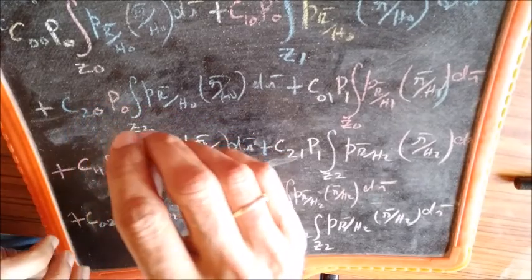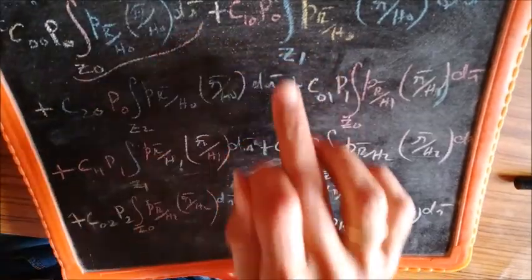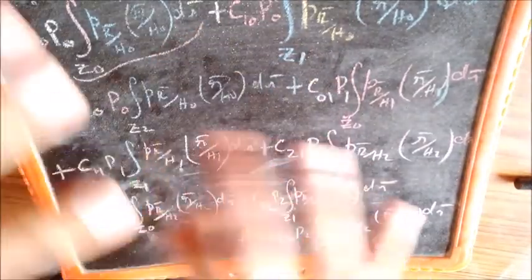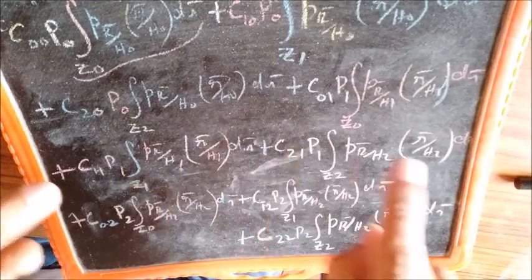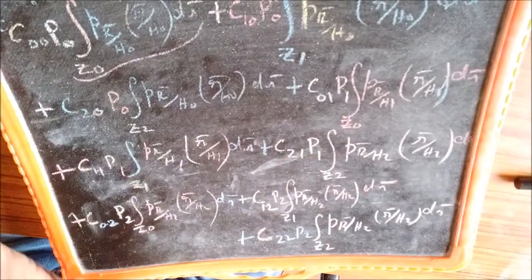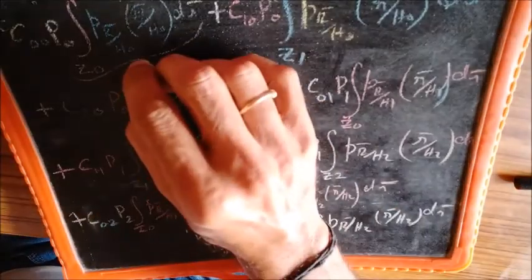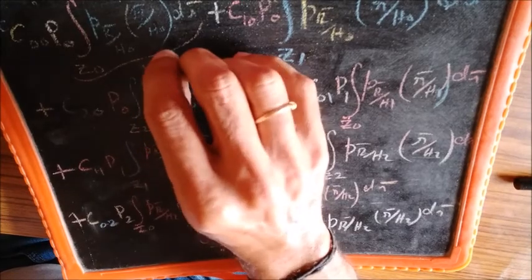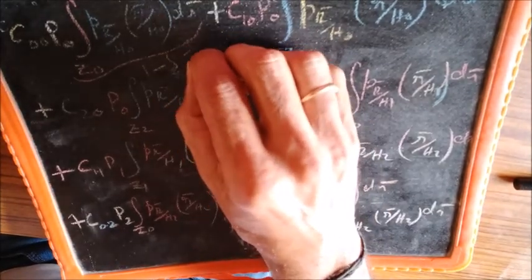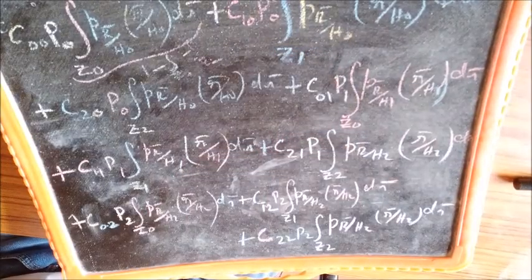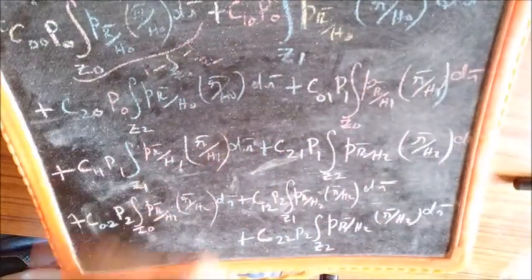This integration, remember Z0, Z1, Z2 are partitions of the observation space Z. So Z0 union Z1 union Z2 will be Z. So this integration we can write as 1 minus an integration over Z1 minus an integration over Z2. Because if you integrate this density function over the entire observation space, the answer will be 1.